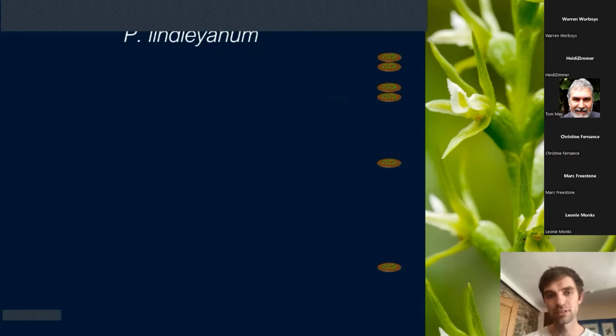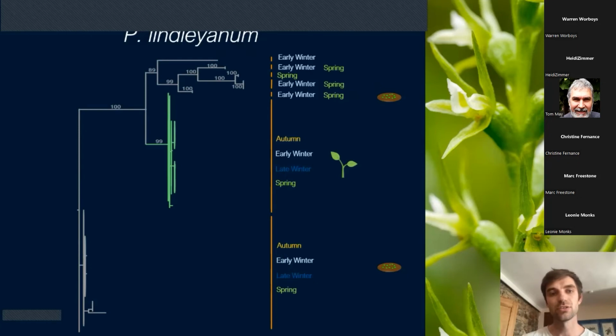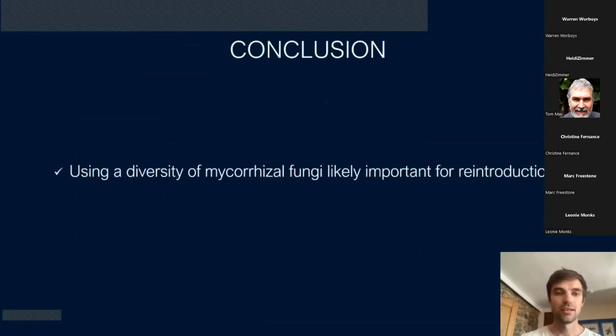And it's really important to maximise the diversity or number of isolates or samples of fungi that you use when you're growing plants for reintroduction, because if you don't, there's always a chance that you could be missing a fungal species that is really important in the life cycle of that orchid. So using a diversity of mycorrhizal fungi is likely important for the success of reintroductions.